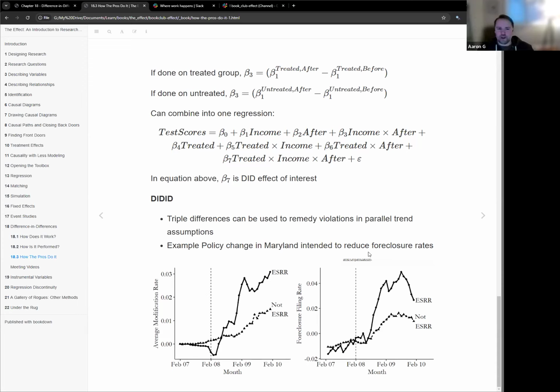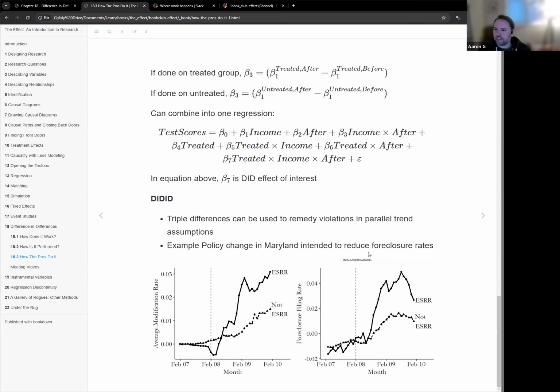Where I get a little confused here, guys, and maybe you shared my confusion, maybe you didn't, is couldn't we have just done a standard DID within the state of Maryland, right? With the servicers in Maryland that were required to do this program and the ones that weren't.